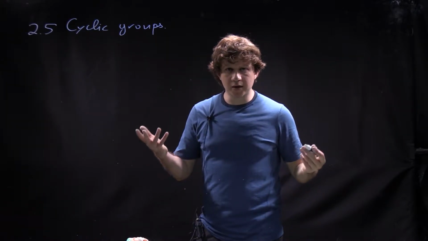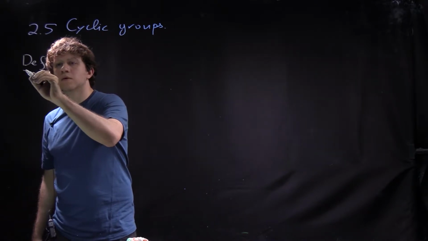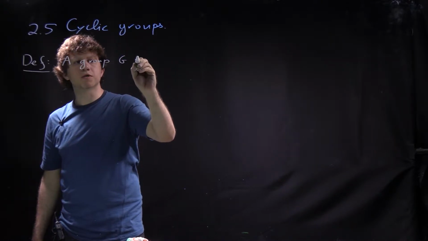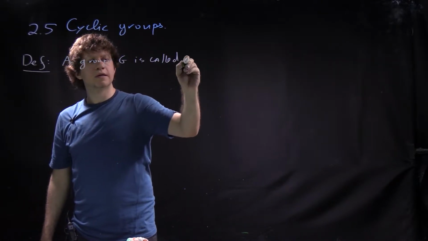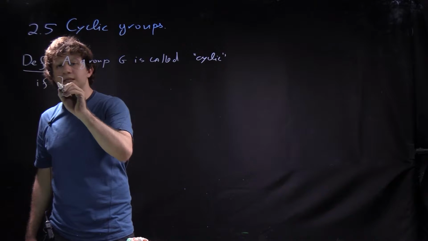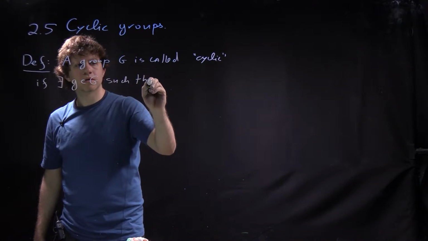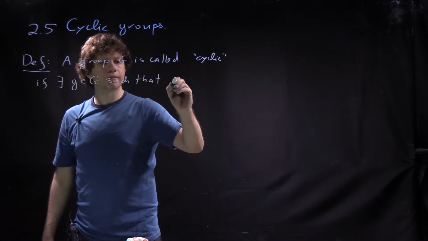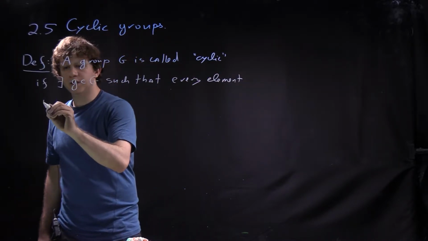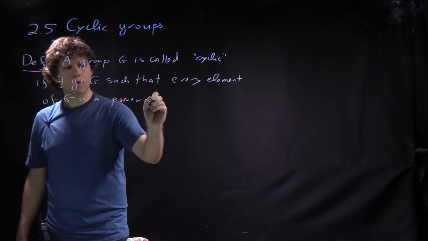So a definition is very simple and very general. Definition: a group G is called cyclic if there exists an element little g inside G such that every element of G is a power of this little g.